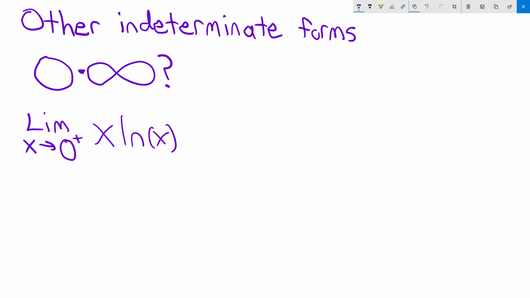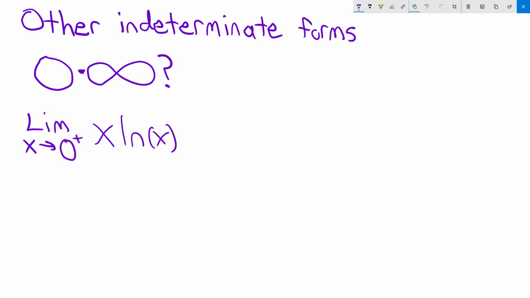So let's consider the example of x times the natural log of x, and what happens as x approaches 0 from the right. Notice we have to put that quantifier on because x approaching 0 from the left would make natural log undefined. So we make this limit so it actually exists where we can plug values in.